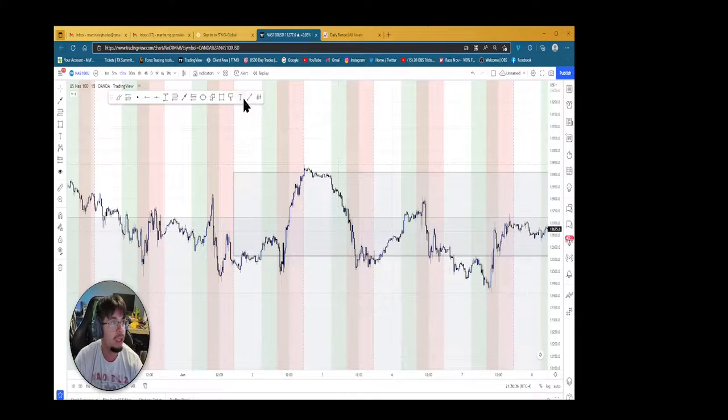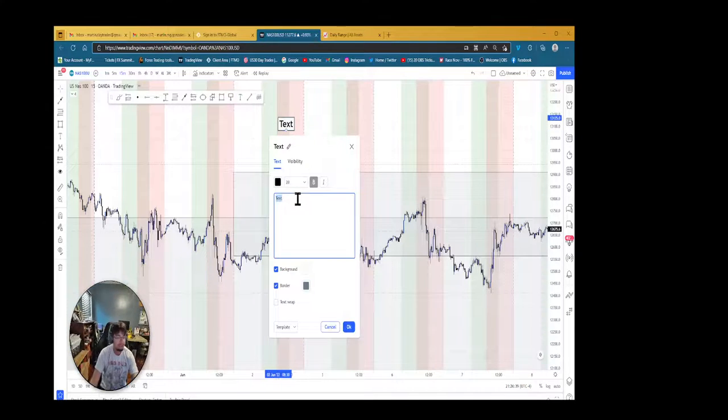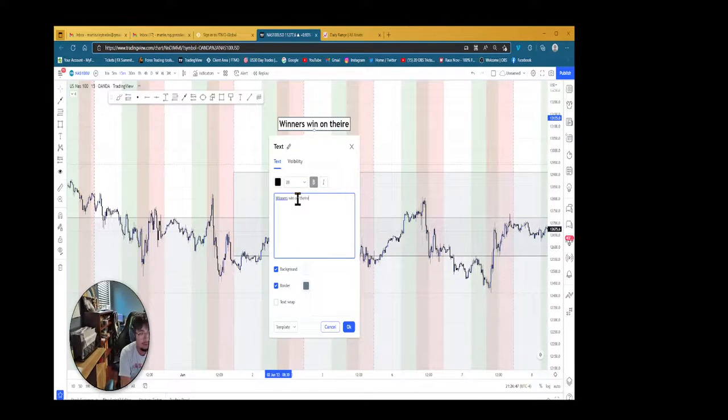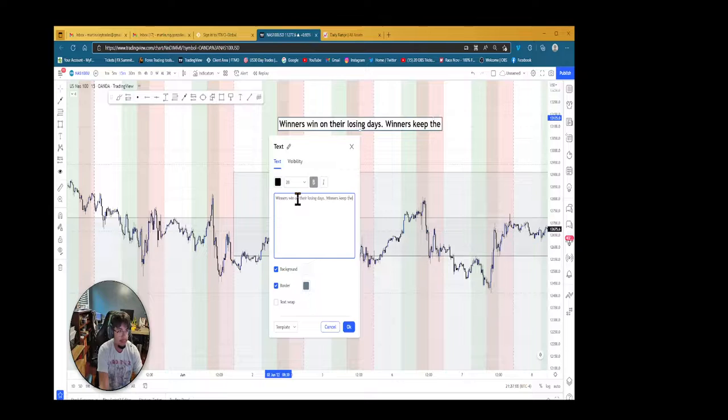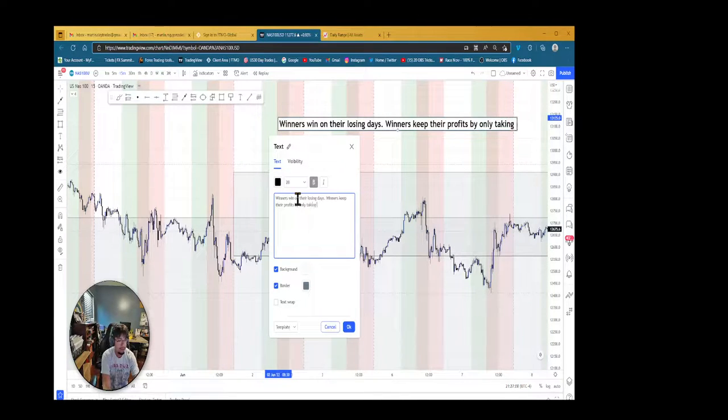Capital preservation is where winners win. Winners win on their winning days, but the way winners keep their profits is by only taking high probability setups.